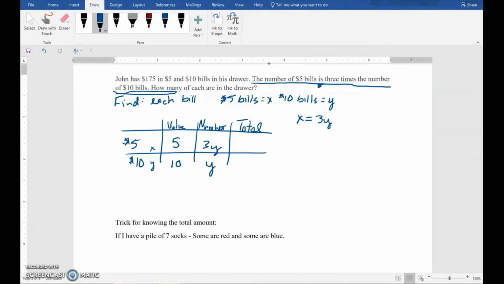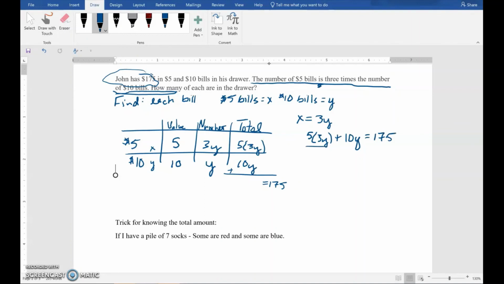So, to find our total, remember we multiply these things together. And when we add them, we should get equal to the 175. Okay, so let's do that. So 5 times 3y plus 10y equals 175.